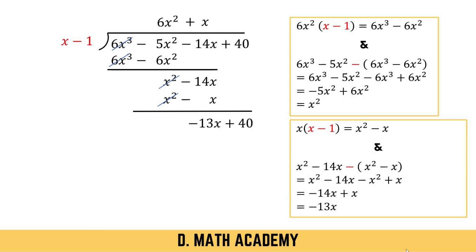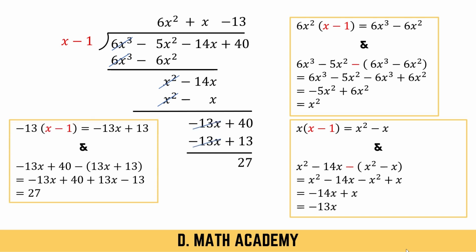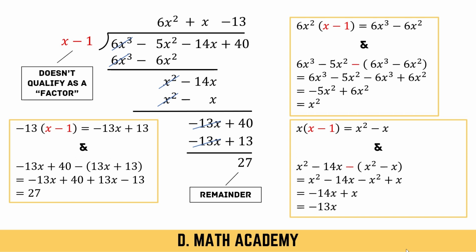So I multiply by negative 13, then I will get negative 13x plus 13. The balance from this will be 27. This 27 is the remainder, and our x minus 1 is not considered a factor because it cannot divide the polynomial completely. It has a remainder of 27.